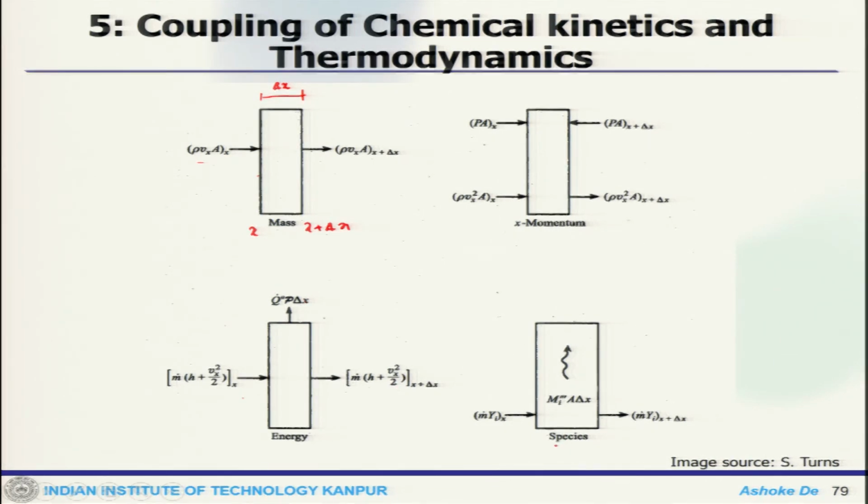Finally, species conservation: comes in, goes out, and some generation or destruction. So, these are the four governing equations required: mass, momentum, energy, and species mass transfer equation.